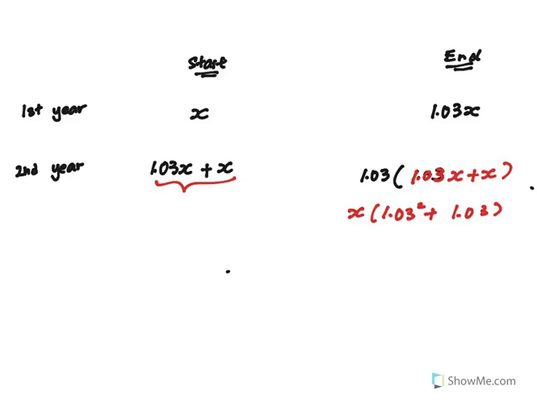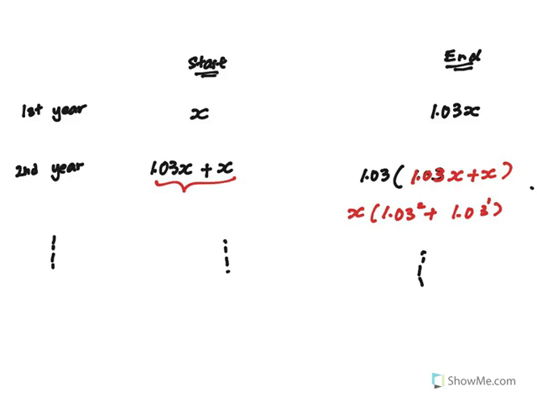And then you see something: it looks like there's some sort of GP going on. If we keep going, you can try this for a third year, and you can see that the amount of money inside the account follows a GP.